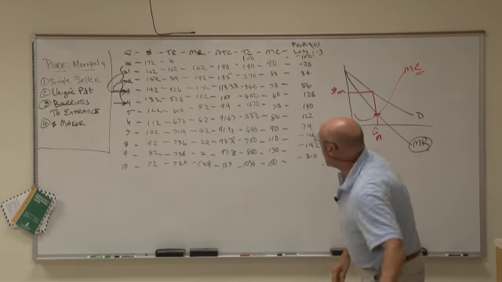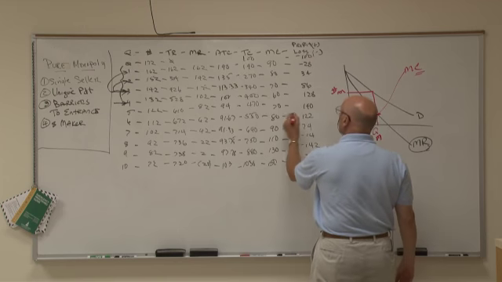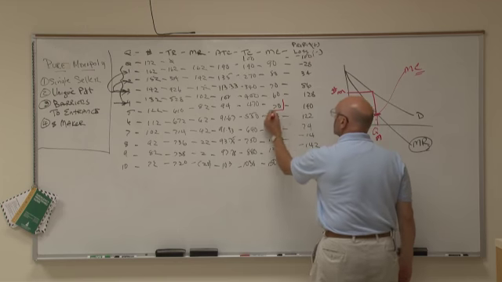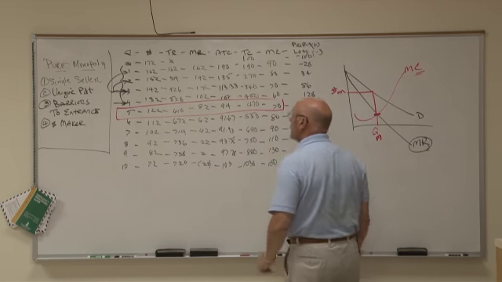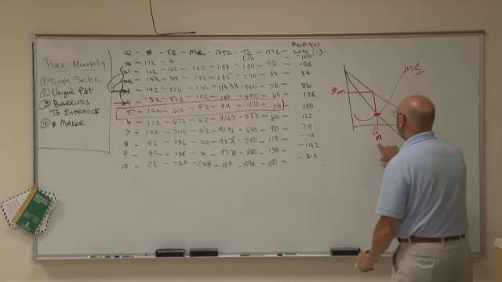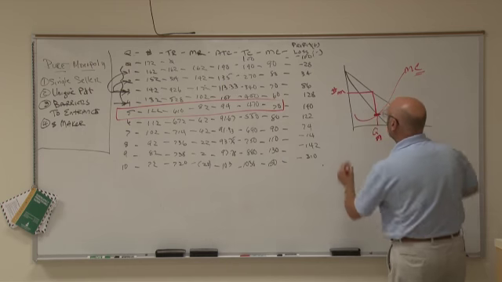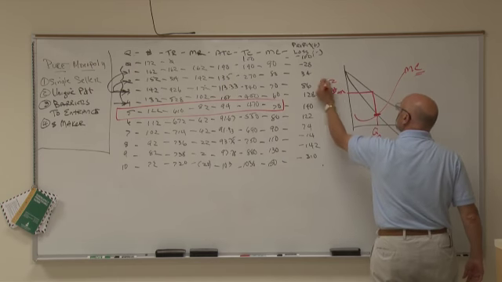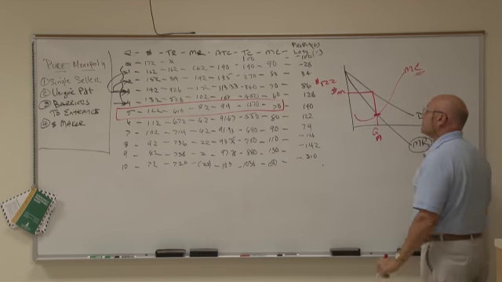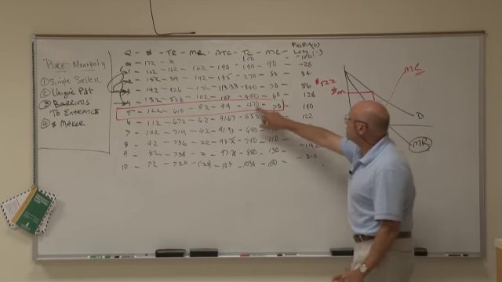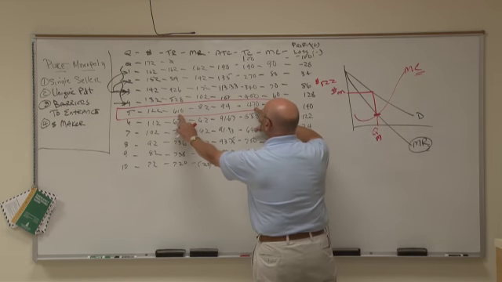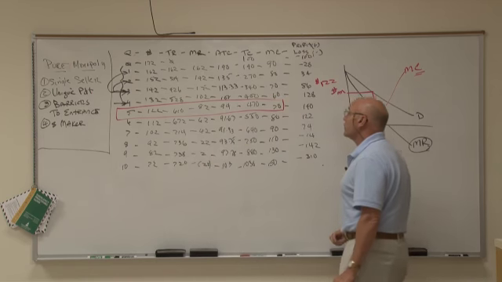So therefore, I will produce 5 units of this particular good, but I will charge $122 per unit. And I will make a profit of $140. My total revenue minus my total cost is equal to $140.